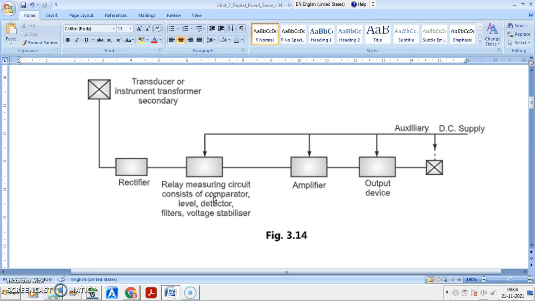So no moving part. So mechanical maintenance, erosion, corrosion and all these things, operations, mechanisms, are entirely eliminated. There is no effect of gravity on the operation because there is no moving part.